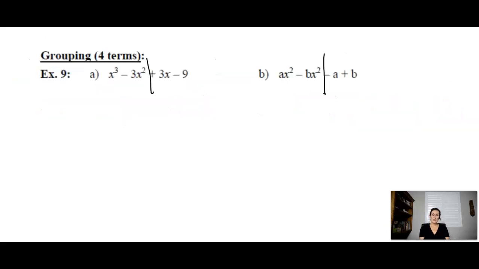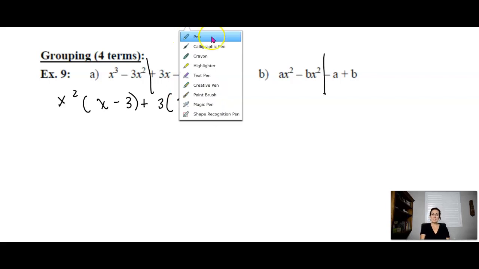Example 9 is how to group when there's 1, 2, 3, 4 terms. So you split it down the middle, and you have an x cubed and an x squared. So the GCF is x squared. You factor the x squared out and you're left with x subtract 3. And then here's a plus sign. So you always include the plus in the middle. You have a 3 and a 9, so that means a 3 will factor out and you're left with x subtract 3.